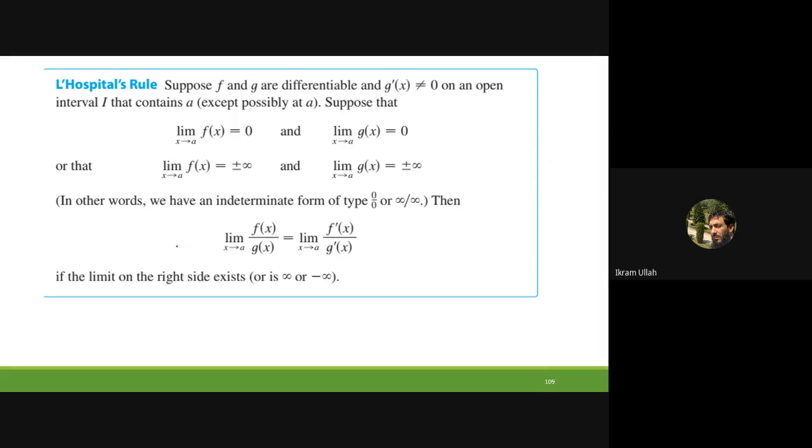Suppose f and g are differentiable and the derivative of g of x is not equal to 0 in an open interval I that contains a, except possibly at a.